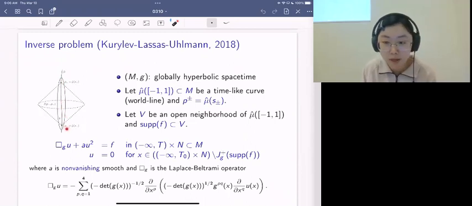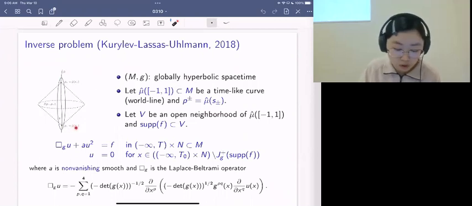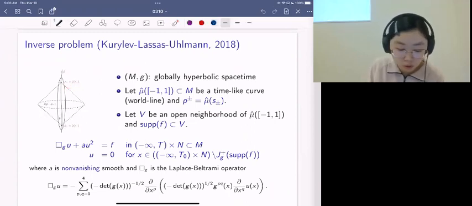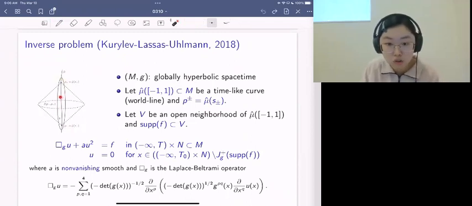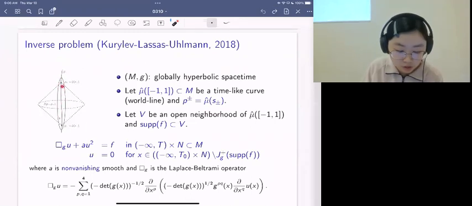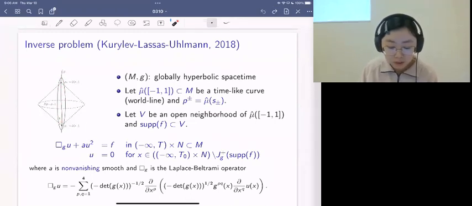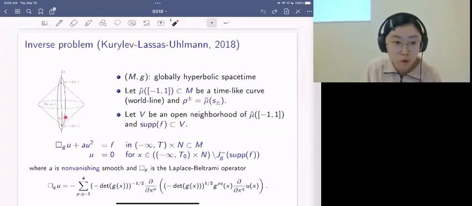Basically, we can take p minus as the point where we start the experiment, and we can regard p plus as the point where we end the experiment. Suppose we know a small neighborhood of this time-like segment, which is called the observation set W, and consider a source f which is compactly supported in this set W.